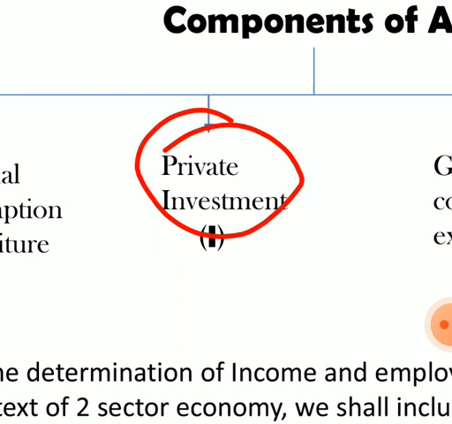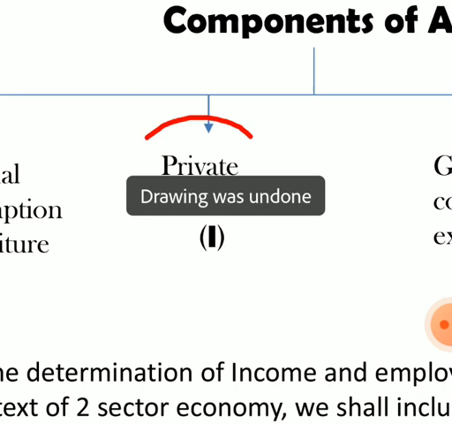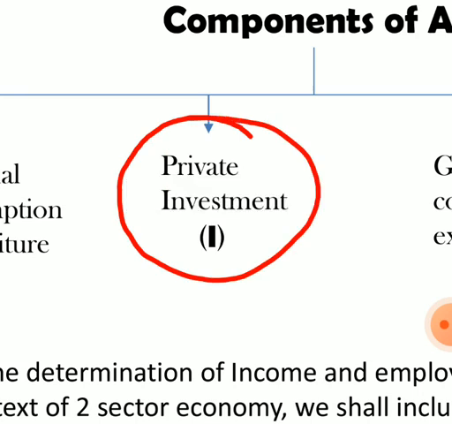It is the total value a businessman is planning to invest. So how does a businessman demand? By investing. This is the same thing which we did in the expenditure method.